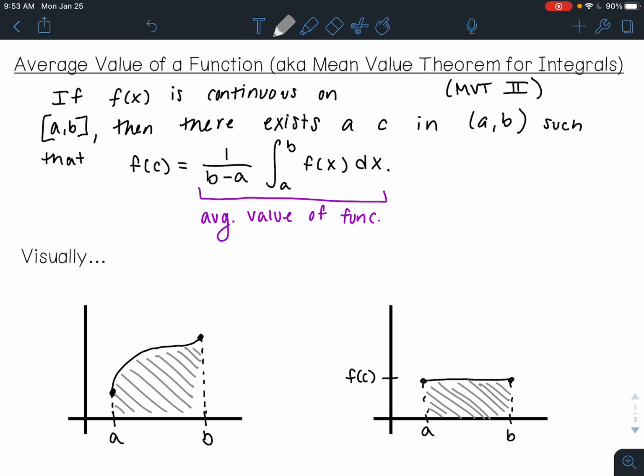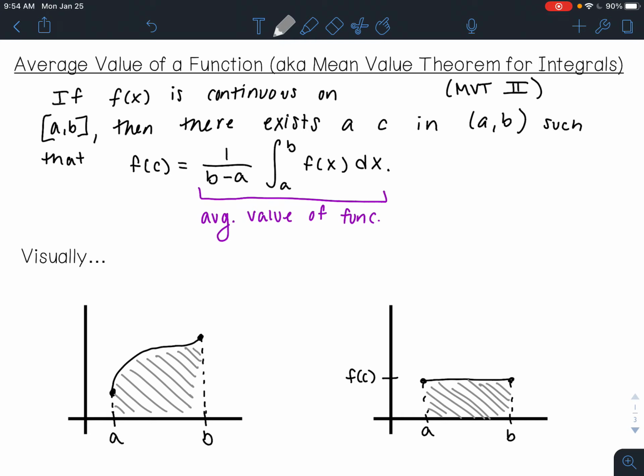But all the average value of a function is doing is saying that there is a c value, an x value, somewhere in between these two starting and stopping points, where the height there, if you created a rectangle, would have the same area as the area under the curve.